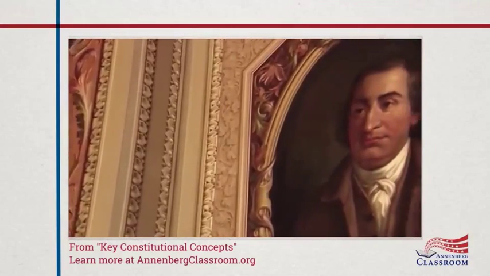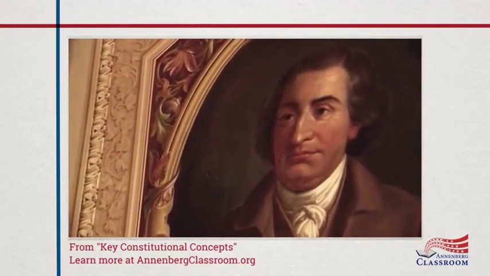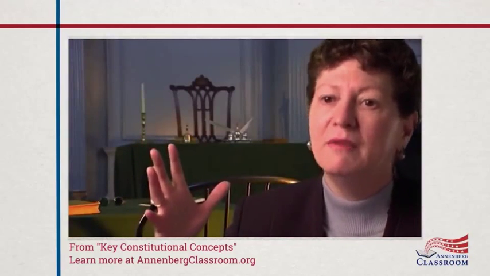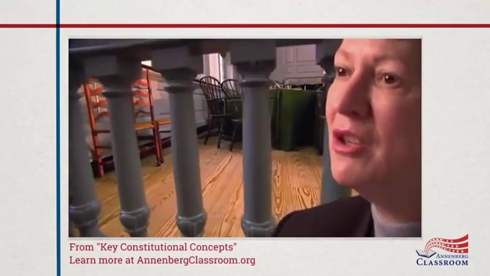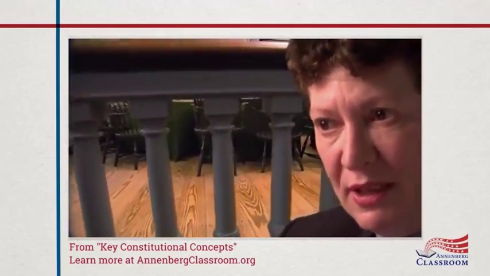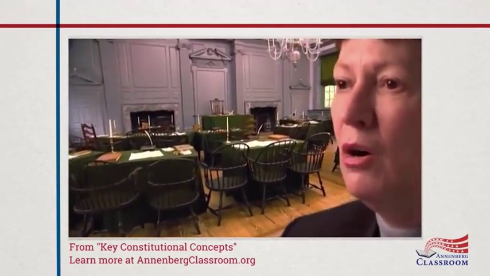The third day of the convention, Edmund Randolph gets up and he says, Virginia thinks we should throw out the Articles of Confederation and write a new constitution. So on the third day of a convention called to make recommendations to amend the Articles of Confederation, they overthrow the government.